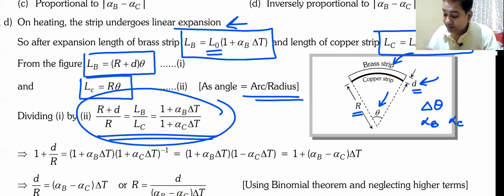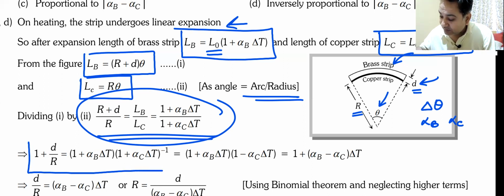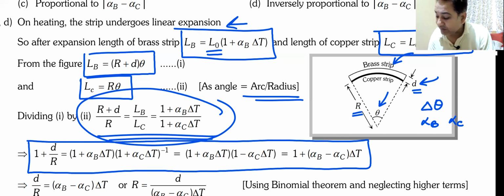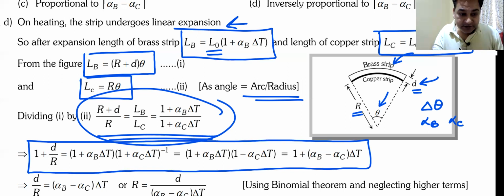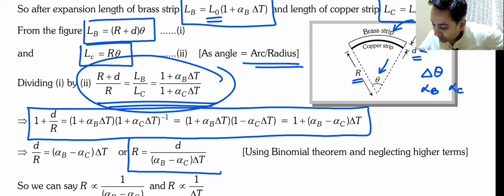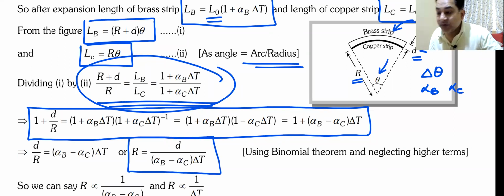If you remember this, then this entire thing here is just binomial expansion and nothing else. Do we understand this? Oh, yes, sir. So draw the diagram, write these fundamental equations, and then you would be ready. And this is how you find the value of R by binomial expansion.